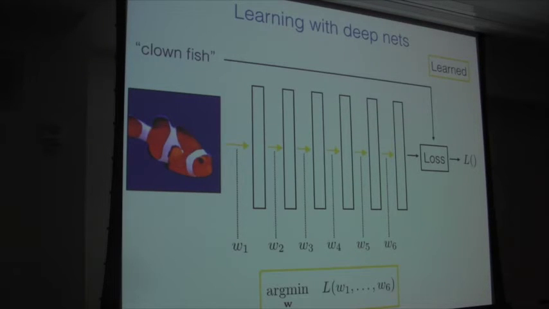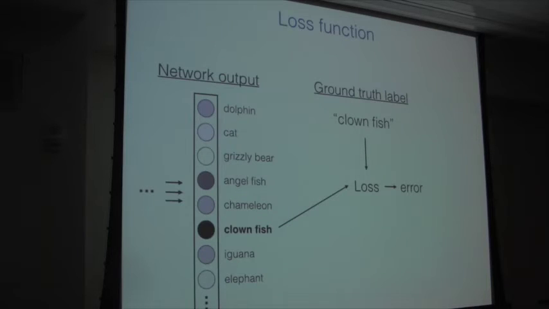OK, so the learning process can be expressed very simply as just trying to find weights of the network that will minimize this loss function, which is, of course, a function of the weights in the network. OK, so what does that loss function look like? So let's go back to our example of this output representation being a set of activations that correspond to different semantic categories.